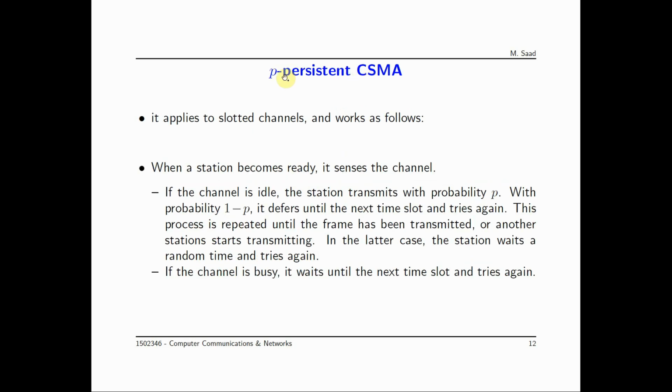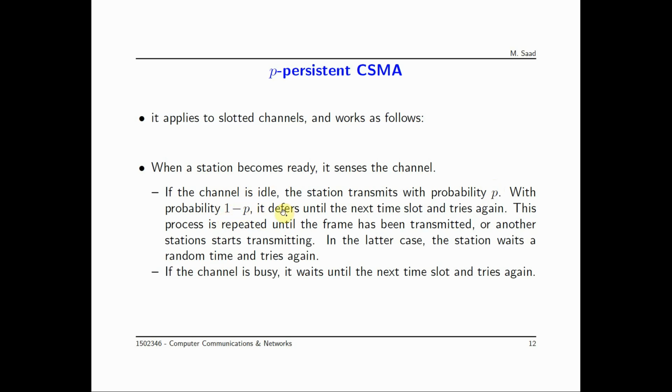That is non-persistent CSMA. Finally, P-persistent CSMA, if you have a frame to send, sense the channel first. If you find the channel busy, wait until the next time slot and then try again. However, if the channel is idle, do a probability test. With some probability P, you transmit, which means automatically that with probability 1 minus P, you will not transmit. So although you found the channel idle, with probability 1 minus P, you will not transmit.